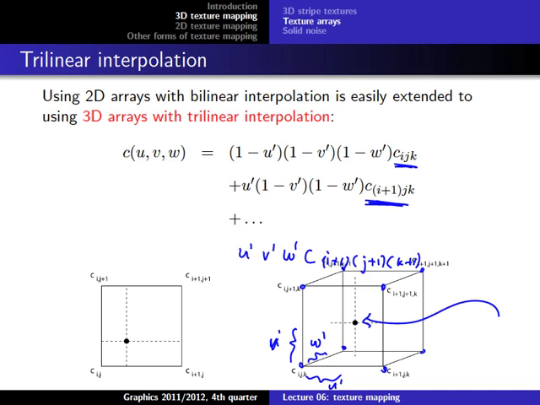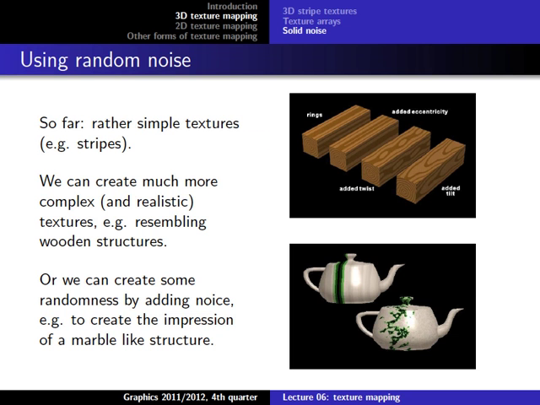Good. All right, so we see now how we can create 3D textures by calculating them. We also saw how we can create 3D textures by using a pre-calculated or pre-generated texture and then looking the values up by providing some sort of matching between them.